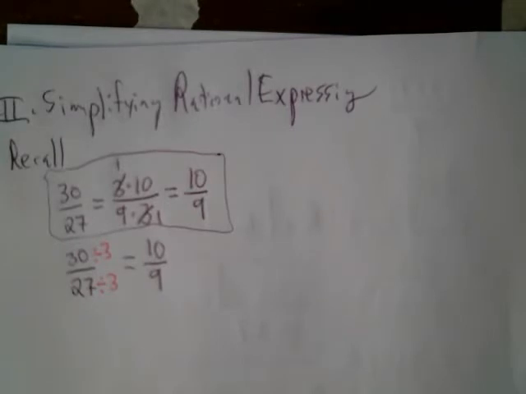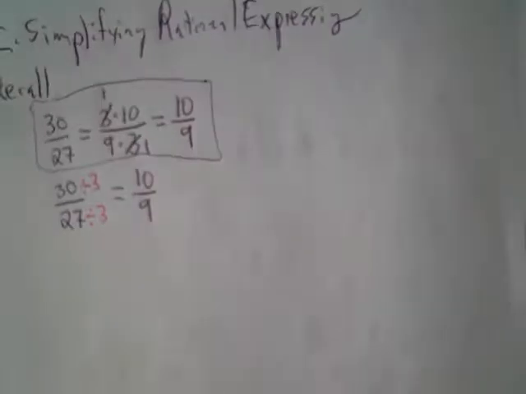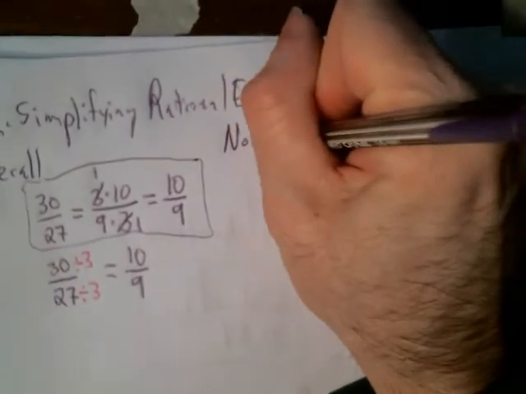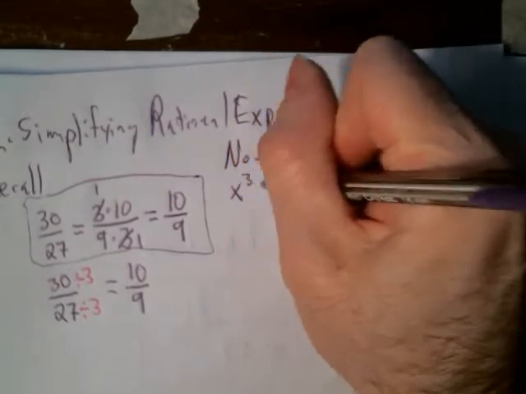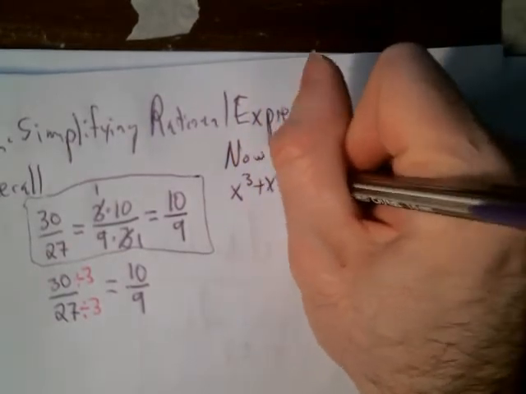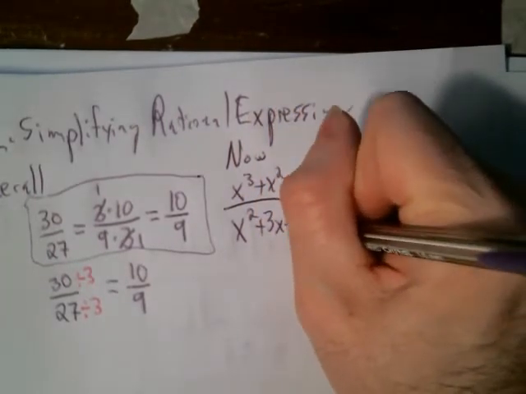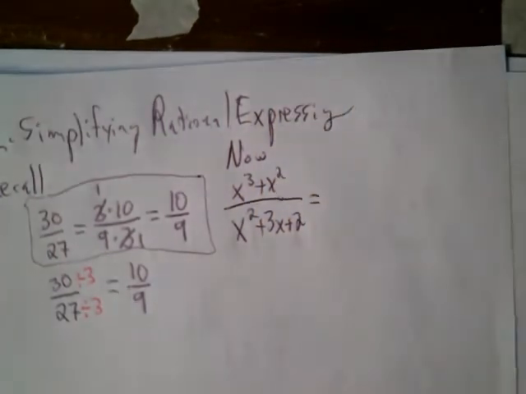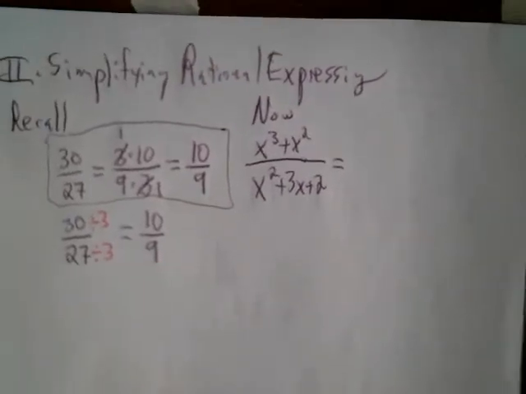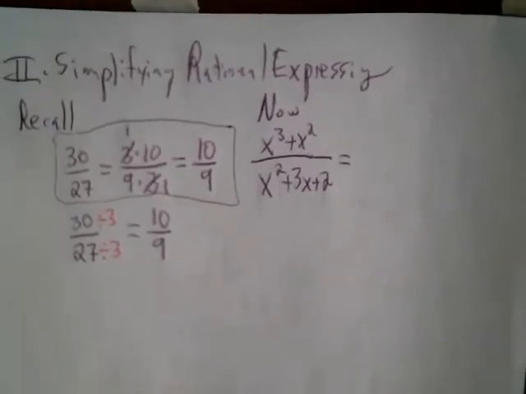So let's look at something from the future, so to speak. We'll have stuff like x cubed plus x squared all over x squared plus 3x plus 2. Okay. So you'll want to factor, and factor completely.